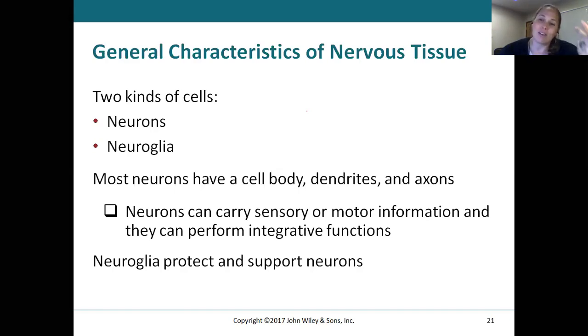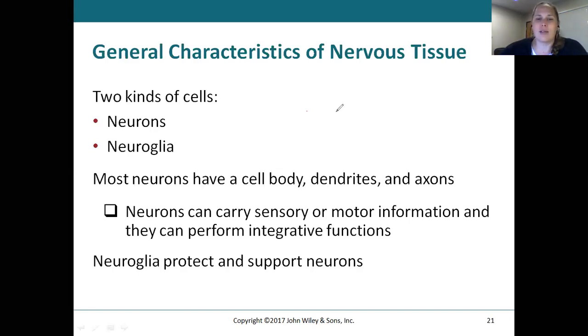Most often they play the cleanup of neurotransmitter that's being released, or they might have some immune functions. But when we look at neurons, they have a cell body, much like the traditional cell that we think of. I should be drawing and not hand gesturing.